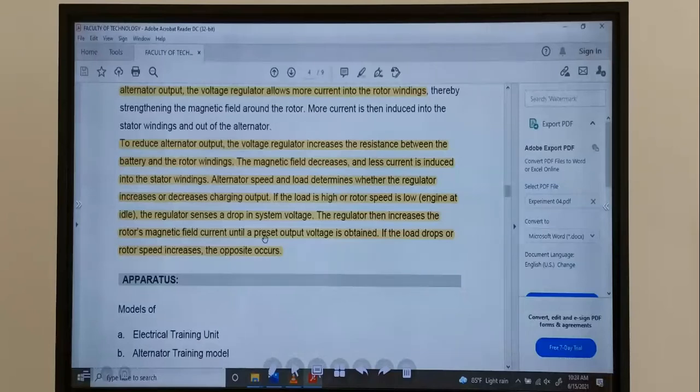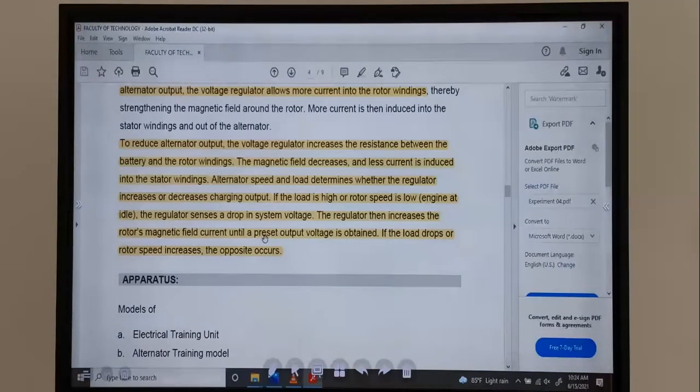The alternator speed and load determine whether the regulator increases or decreases the charging output. If the load is high or rotor speed is low, what will happen? The regulator senses a drop in the voltage. So the regulator then increases the rotor's magnetic field current until the preset output voltage is obtained.